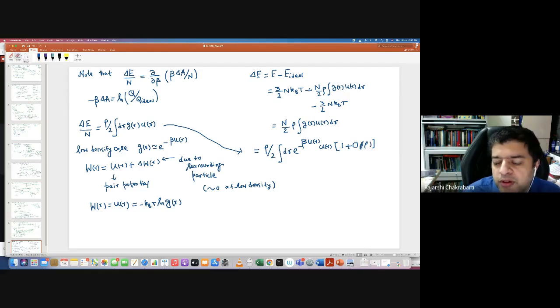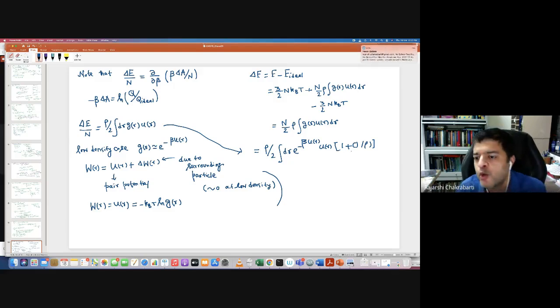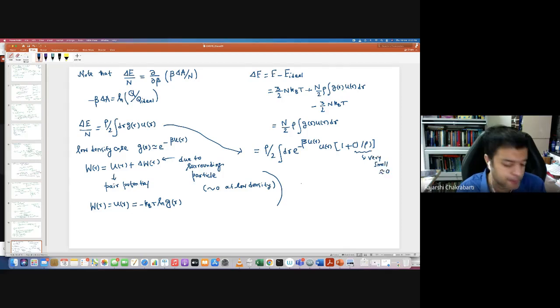I hope you understand what I am saying here. But these terms are negligibly small, so I can just neglect them, but I'll formally write them here. Your ρ/2 times this integral, u(r) times 1 plus whatever, this correction is negligibly small, it goes to 0. So essentially I have u(r) times exponential of −βu(r).